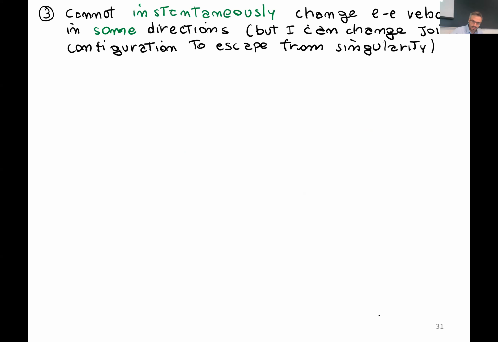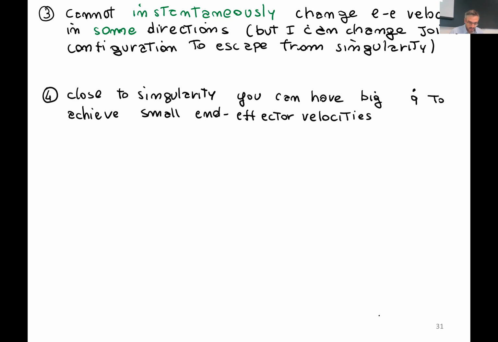Then another point is that at singularity, we said that we cannot change the end effector velocity in some direction, but remember that this is only a local situation. You can escape from singularity and then you recover the ability to change velocity in that direction.